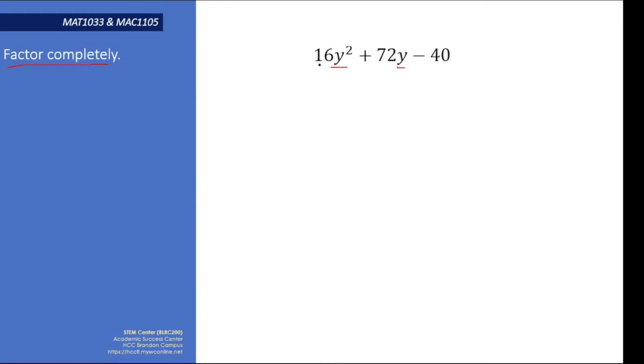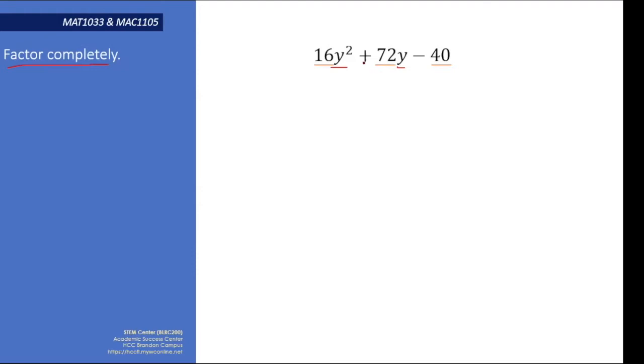So first thing that we do is we do the most generic factoring technique, which is we look for something called a greatest common factor. What that is, it's the largest number that divides all of a group of numbers.